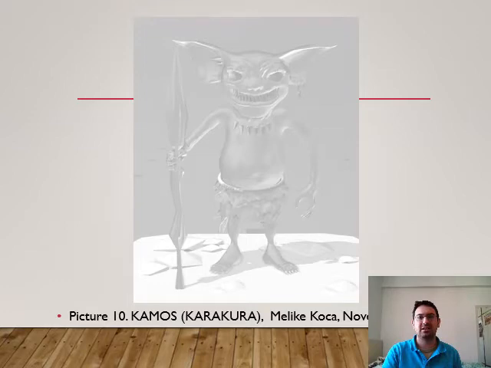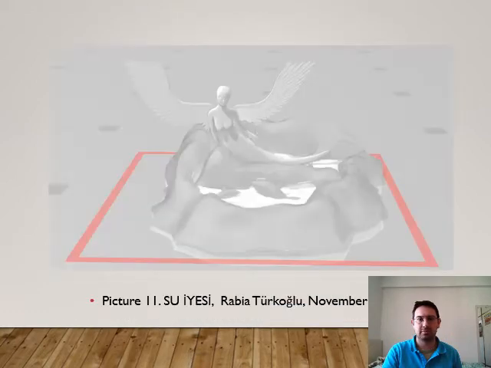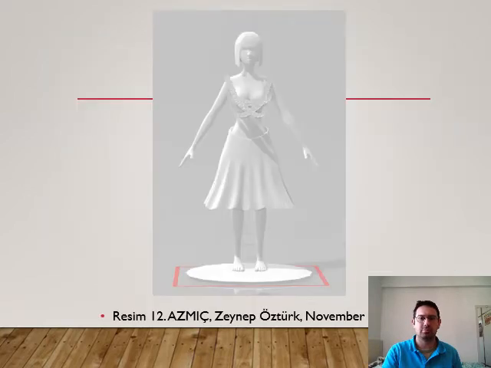Kamos Karakura is another evil creature, created by Melike Koca. Su Yesi is a creature living in lake and sea environments. It's really common. They are helpers of Akana, as we discussed before, the god of lake and water, and created by Rabia Türkoğlu.